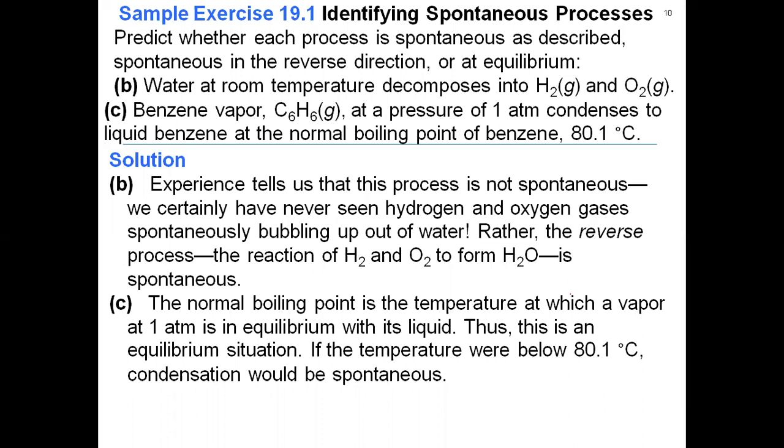If the vaporization and condensation happen at the same time, as in this question C, you have liquid and gas. They both exist, and this is different. This dynamical equilibrium is different from the reversible.